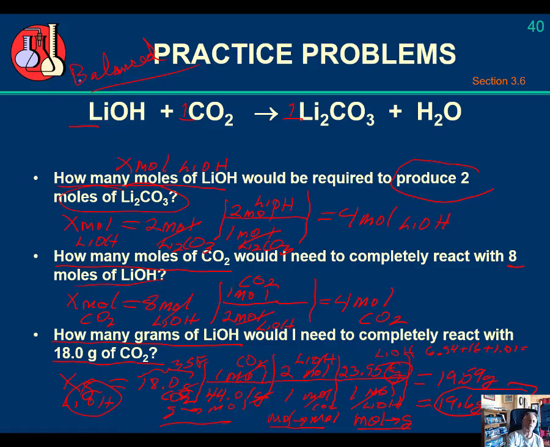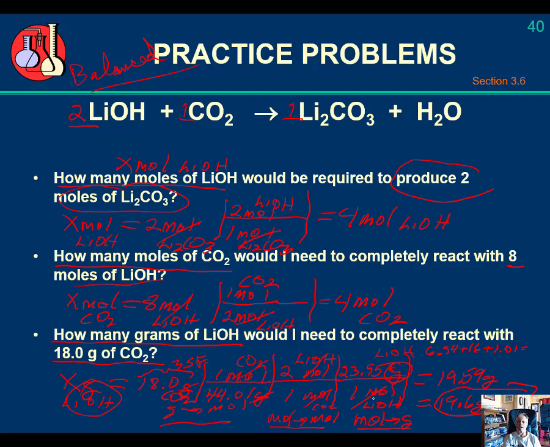Your X factor, which in this case is lithium hydroxide, is 2. I don't know where my 2 went, but there it is, 2. So that's why we have a 2 here. Coefficient of carbon dioxide is 1, and then we multiply by the molar mass to convert moles to grams.